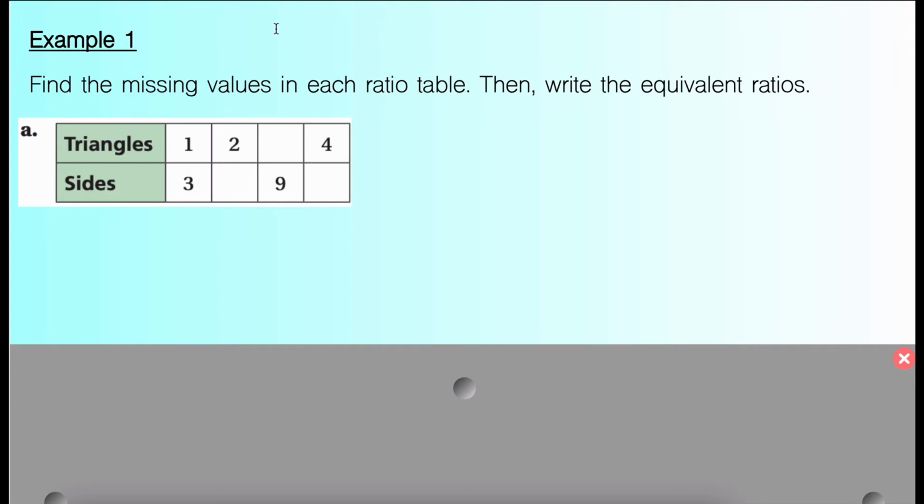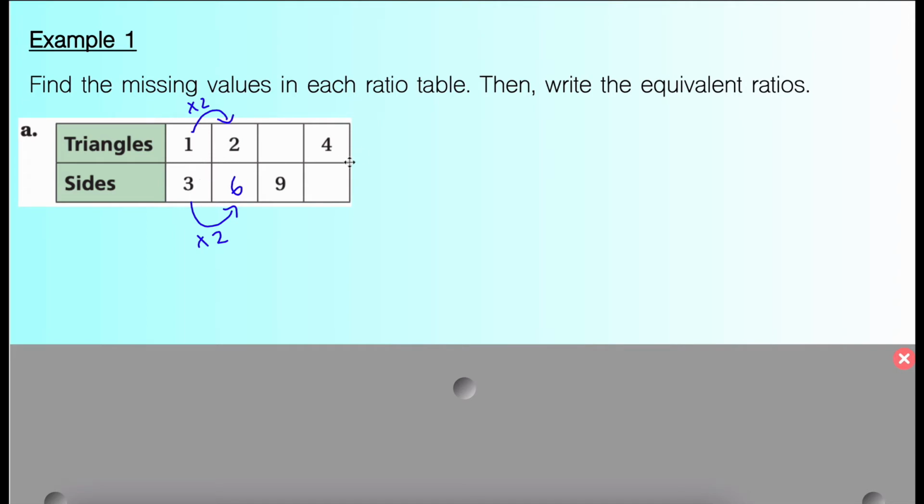That's a true statement. So if I'm going from a 1 to 3 ratio to a 2 to something ratio, I know the jump from 1 to 2 is times 2. And whatever I do to one part of the ratio to form something that's equivalent, I do to the other part. So I'm going to multiply by 2. This is going to make a 2 to 6 ratio, which is equivalent to 1 to 3.